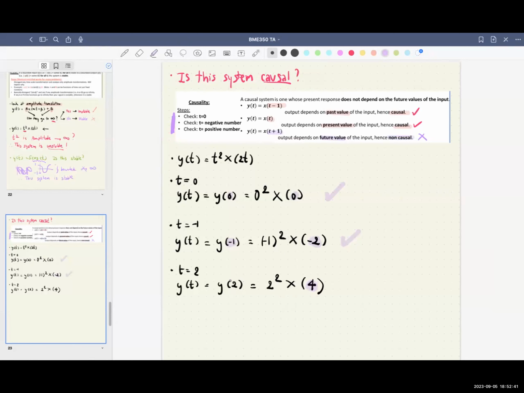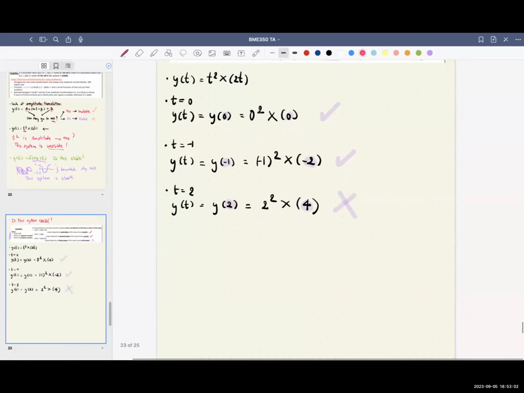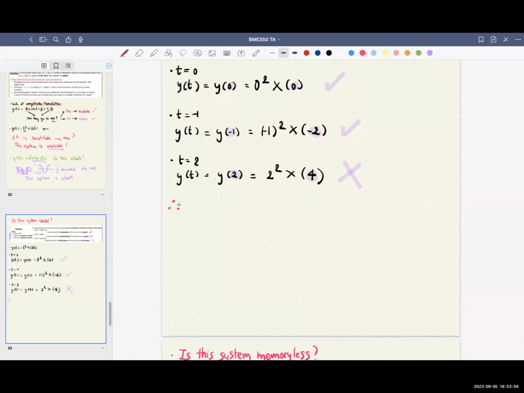But 4 is more than 2 here. Therefore, when we put t equal to 2 inside this system, we can see that the output depends on a future value. Therefore, it's not causal. That means that the system that we have here is not causal.